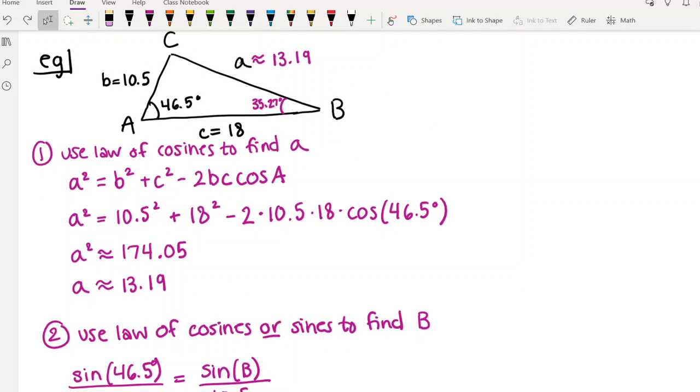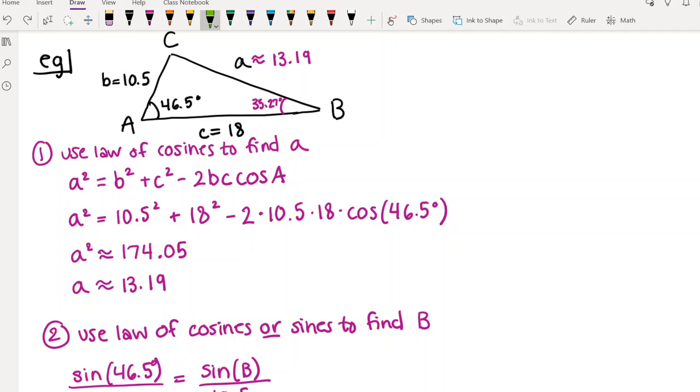You might be able to cook up an example where that's not the case, but in terms of what we're doing in this class, you can get really complicated with these problems, and I'm trying to simplify it just because I don't think it's the most important thing to spend a ton of time on. So I won't give you examples where you really have to worry about that. And that goes for the law of sines stuff as well, like what we're doing on Wednesday. I'll try to make it clear if there might be two solutions, because I just don't want that to be something that really bogs you down.